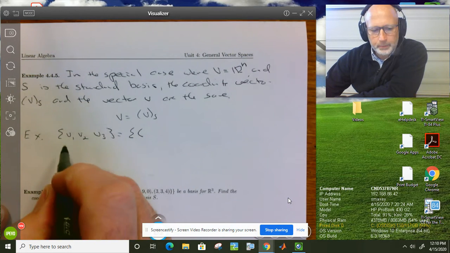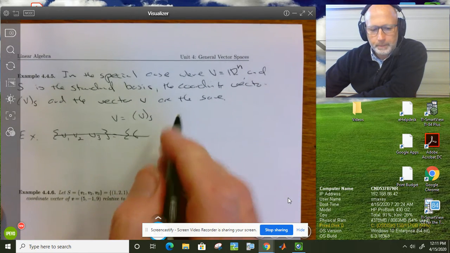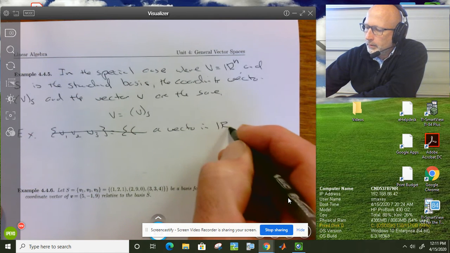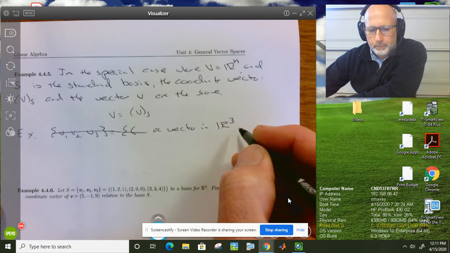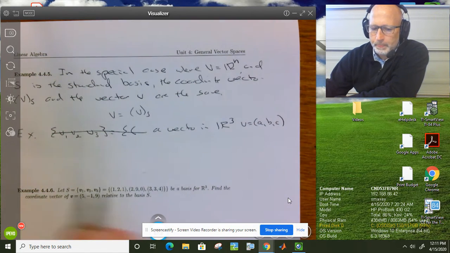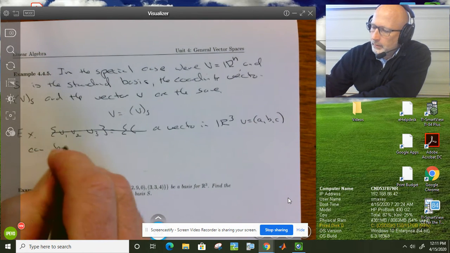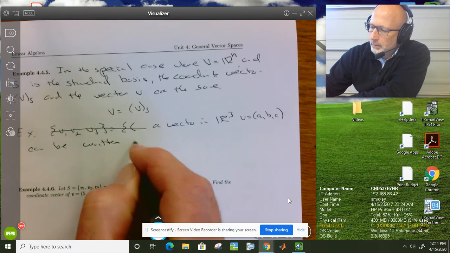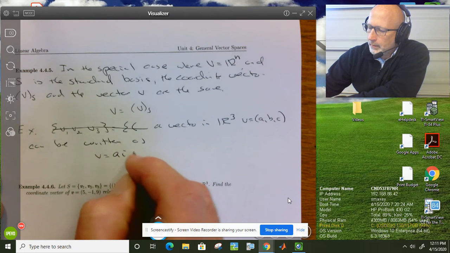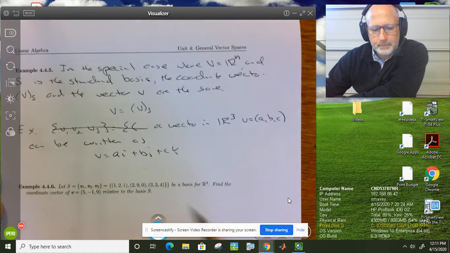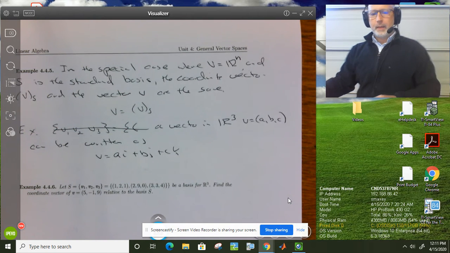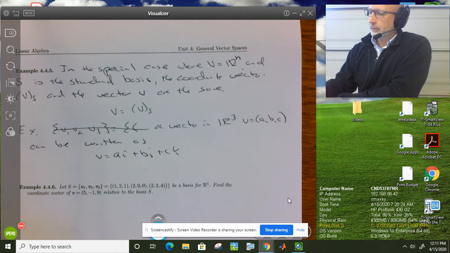A vector in R3, which we know is going to be v equal to a, b, c, can be written as v is equal to ai plus bj plus ck. And that's that. Just rewriting it like that. So it happens to be in the same space.